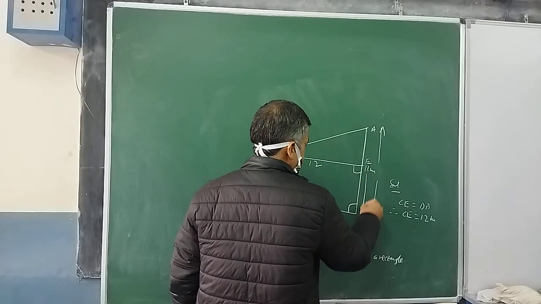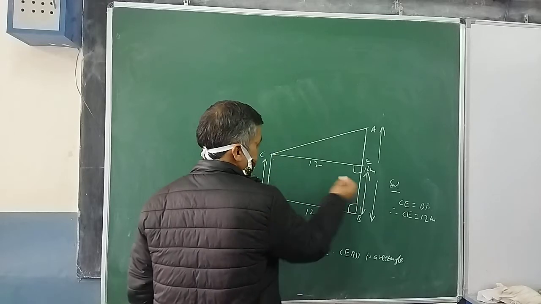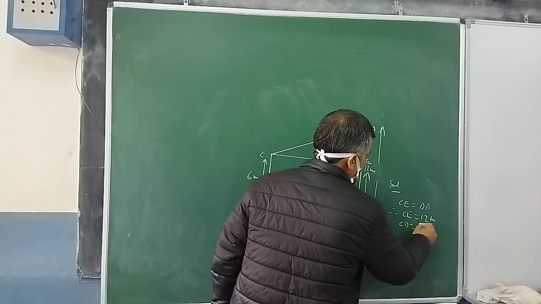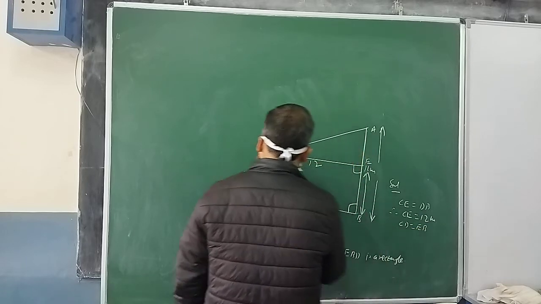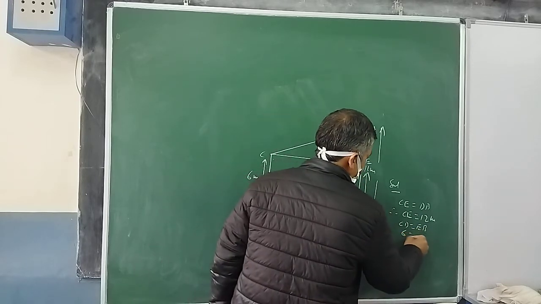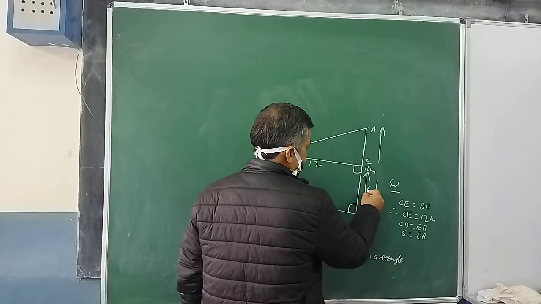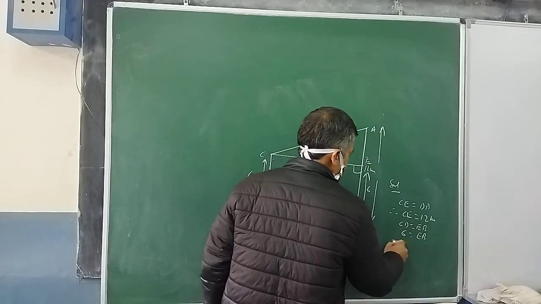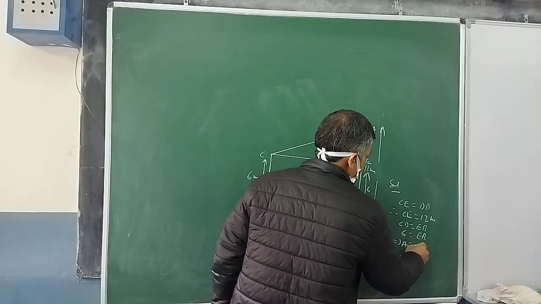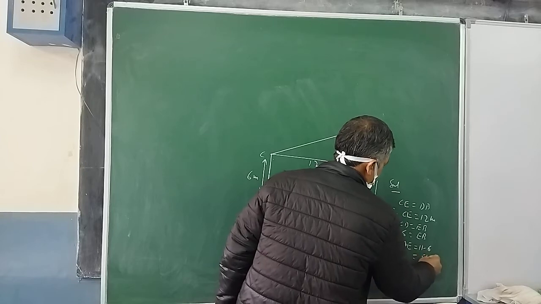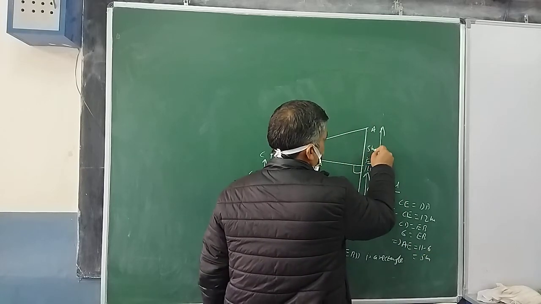But out of this, CD will be equal to EB. So that was 6, EB is equal to 6. So from E to B, if it is 6, this implies AE is equal to 11 minus 6, so it becomes 5 meters.